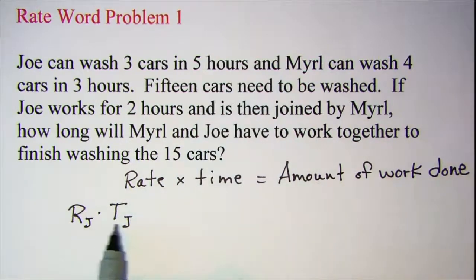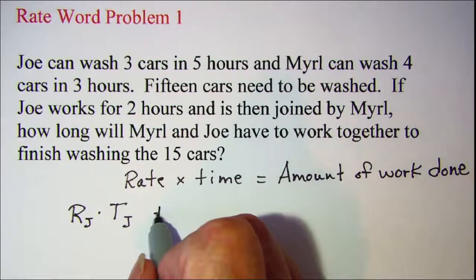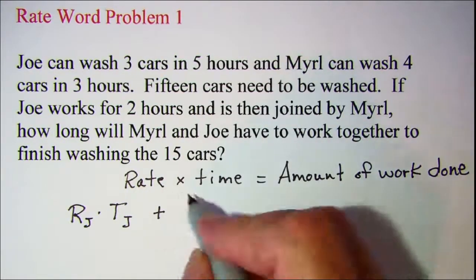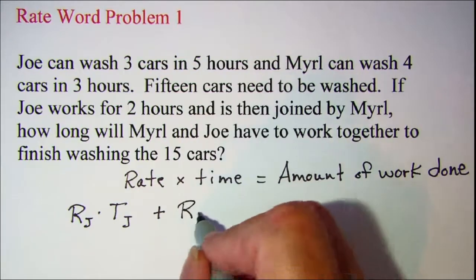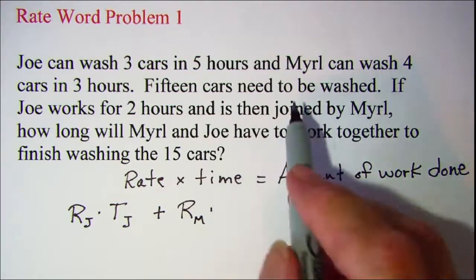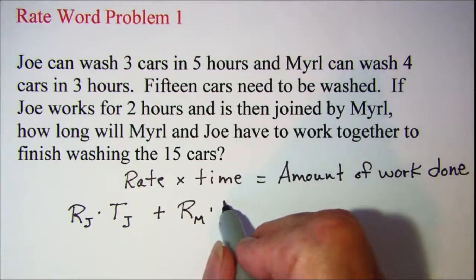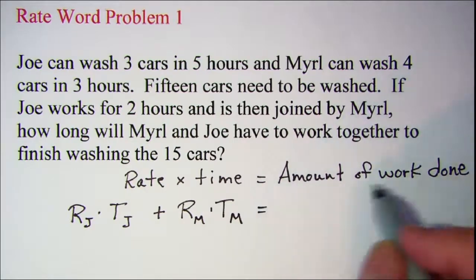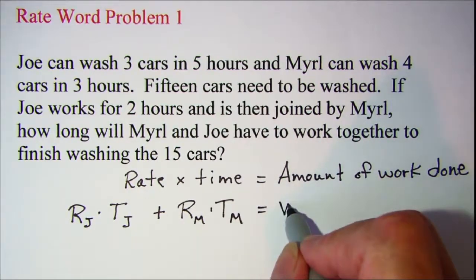And this is the amount of work that Joe gets done, and then I'll add to that the amount of work that Merle gets done. So I'll use Merle's rate, R sub m, times Merle's time, T sub m, and that's going to give us the total amount of work done.